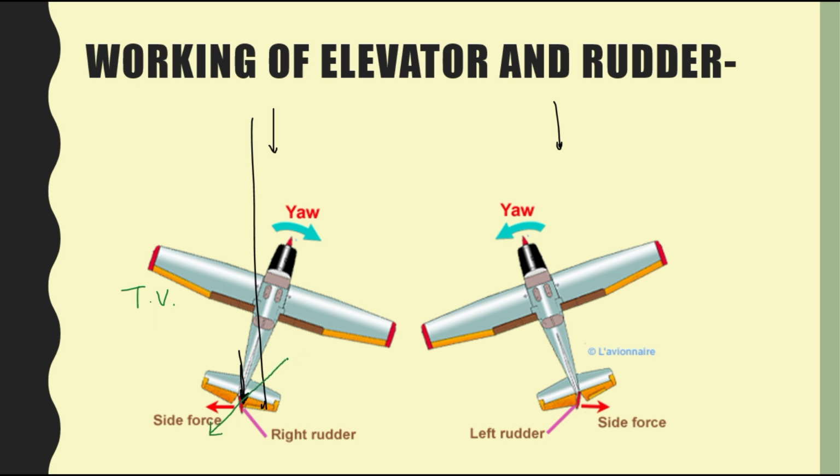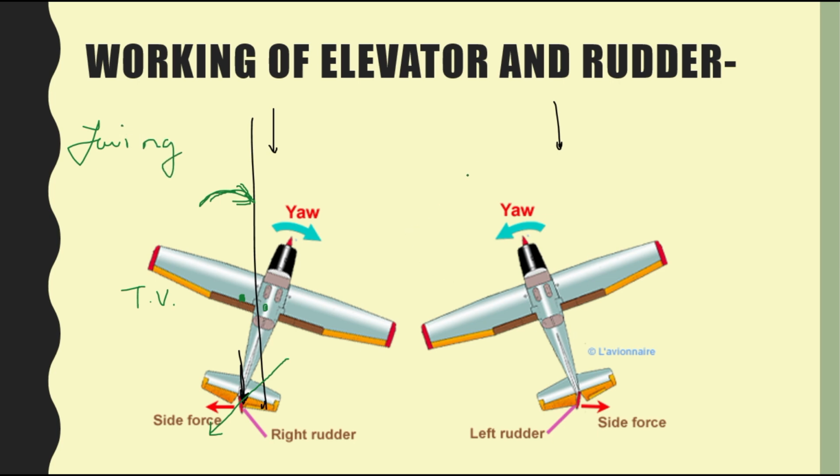Now when the force acts in this direction, it will produce a moment on the aircraft in this direction. So in the clockwise direction, the moment will be generated. This is known as the yawing moment.